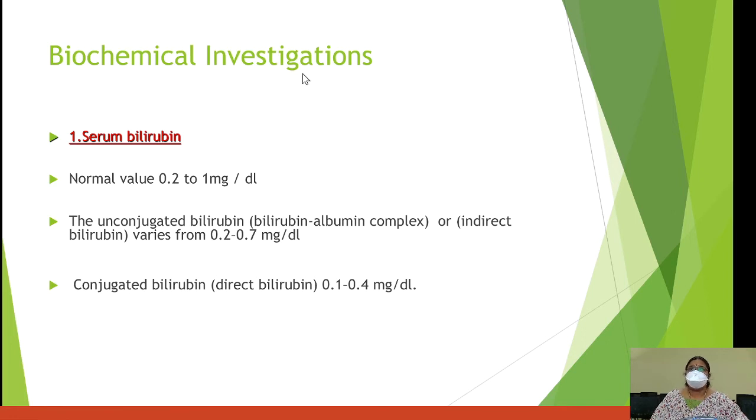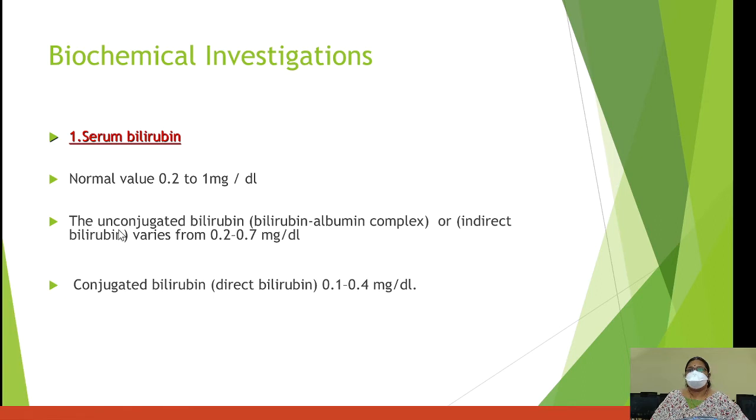The biochemical investigations are in blood. The estimation of serum bilirubin is done. You will be knowing the normal value of serum total bilirubin is 0.2 to 1 milligram per deciliter.